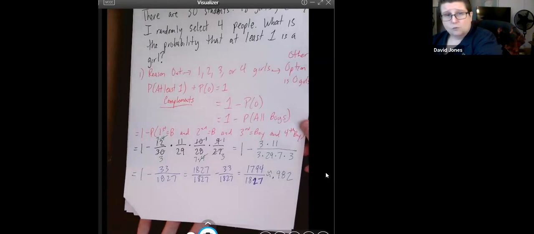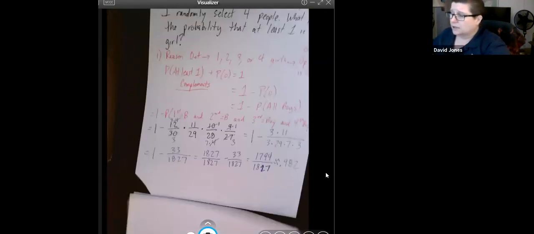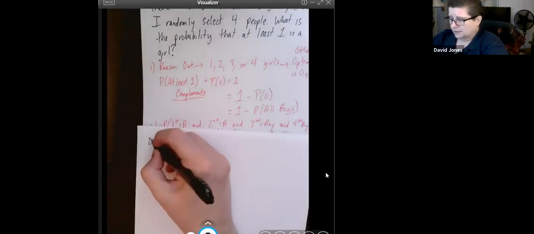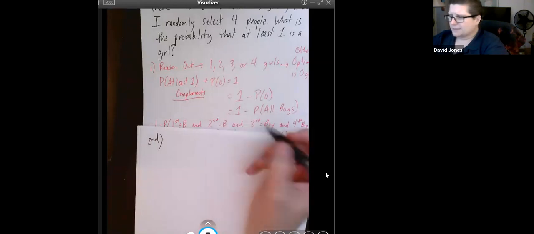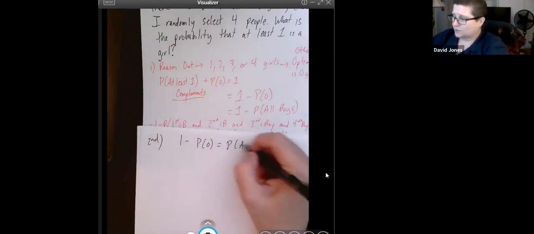Okay, we're going to use the same numbers, and I'm going to do it with the nPr or nCr. I'll show that to you. So option 2. Still the same thing. We're going to do 1 minus probability of 0 equals probability of at least 1.